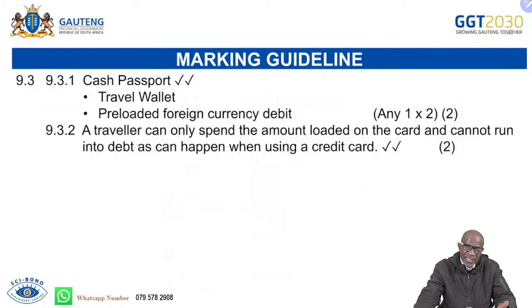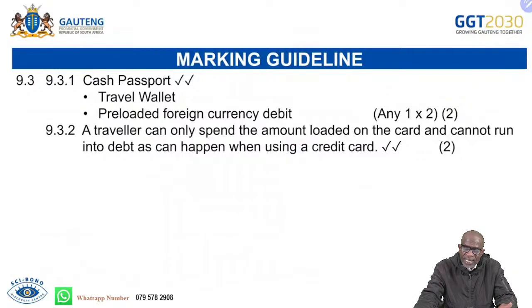Let's assess the answers. 9.3.1, another name for a preloaded credit card, traveler's card. It's also known as the cash passport or the travel wallet or the preloaded foreign currency card.